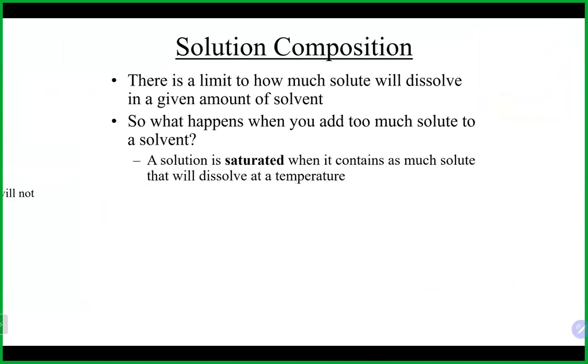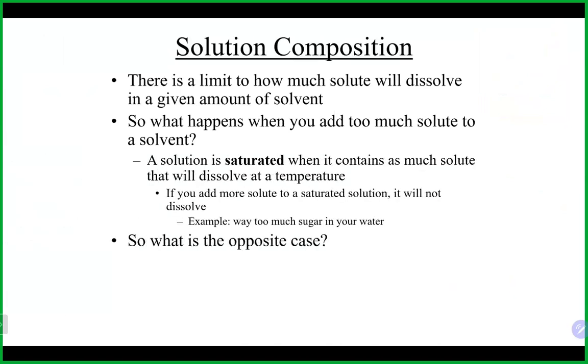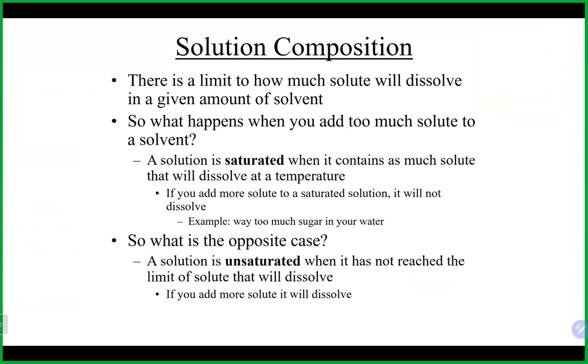Solution composition, there's a couple ways that we classify solutions. So let's talk about those. When you have too much solute in a solvent, that is sometimes referred to as a saturated solution. A saturated solution is basically a solution where you have hit the maximum amount of solute that will dissolve in that solvent at that temperature.